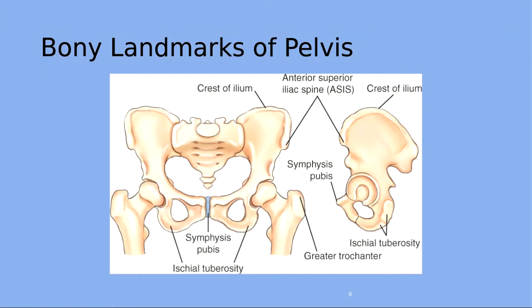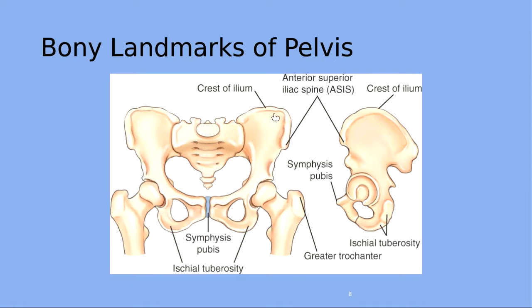As far as the landmarks of the pelvis, we discussed that we use the crest of the ilium, or the iliac crest, and we also use the anterior superior iliac spine. Looking at it from the front and from the side, you've got the crest of the ilium. People say they're putting their hands on their hips. They're truly not putting their hands on their hips.